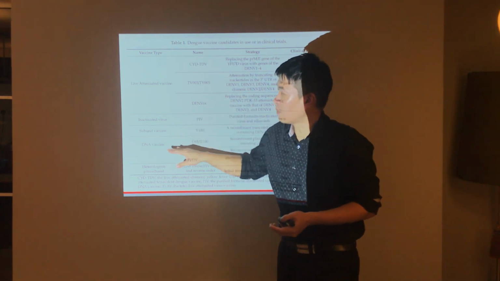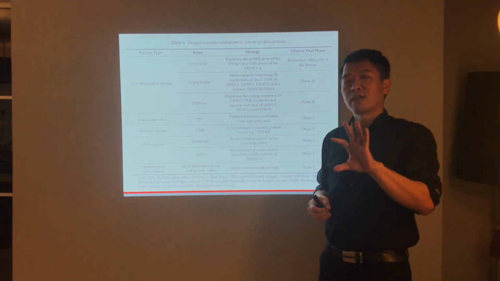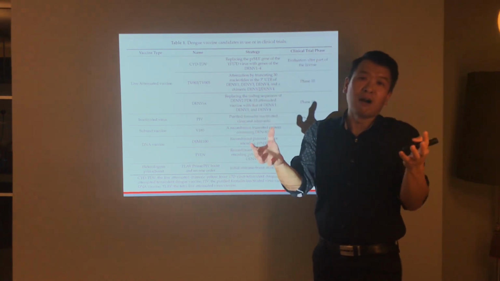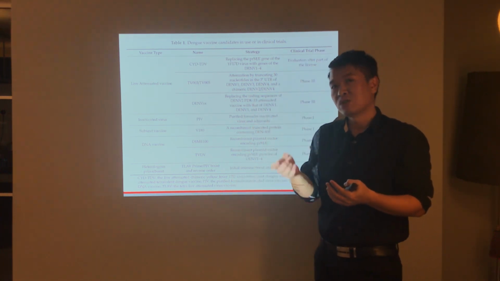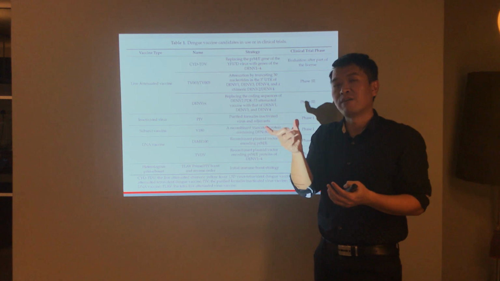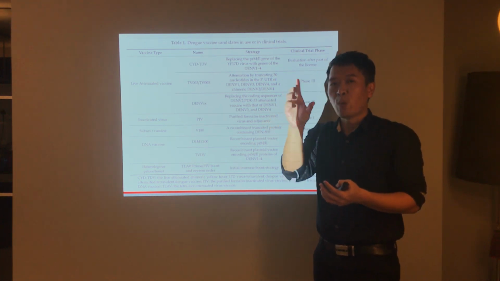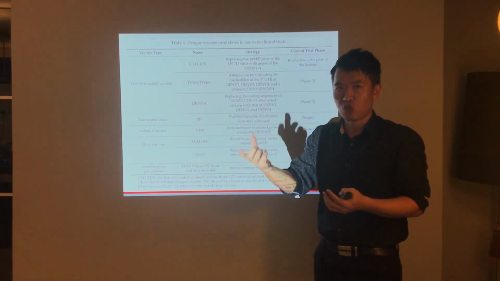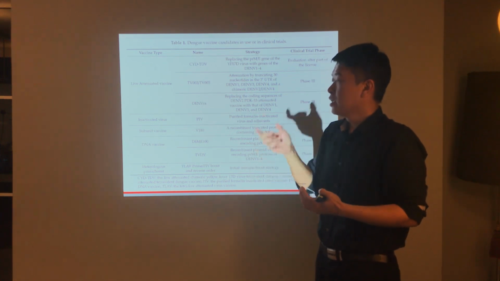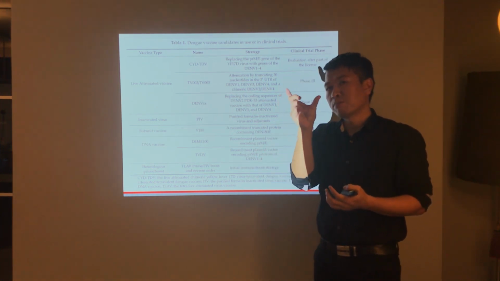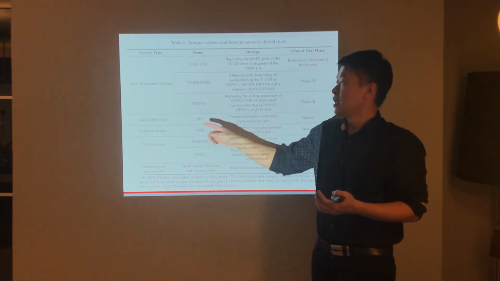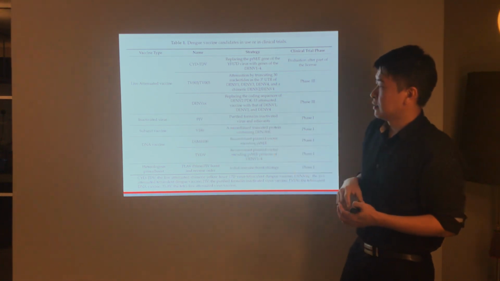Then we also have the subunit vaccine. What the subunit vaccine means is that you don't need the whole virus to become a vaccine. You just need a portion of the virus, where you know exactly that the portion is important to induce an immune response. So you can just use that part of the virus as a subunit vaccine.